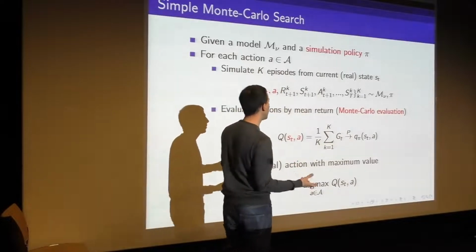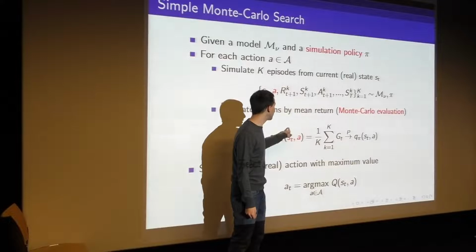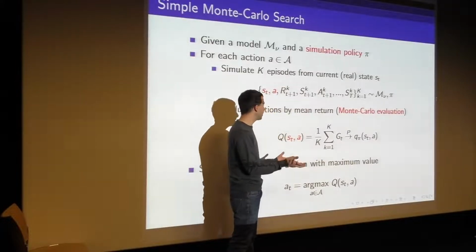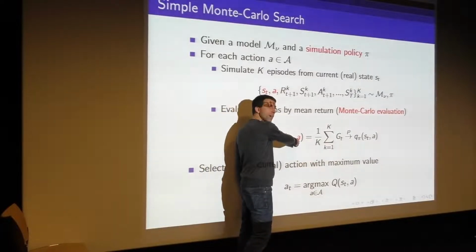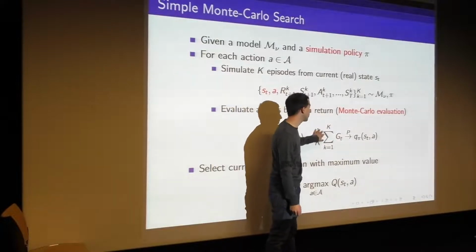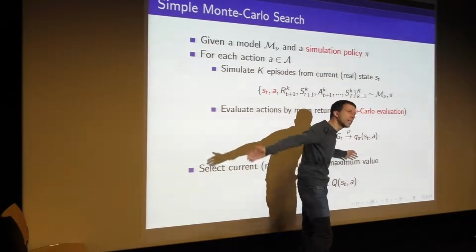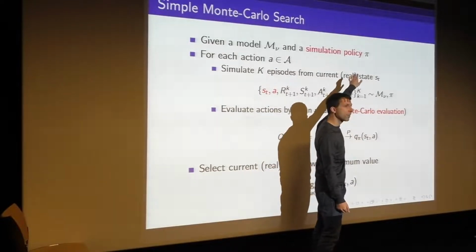We evaluate each of those in turn, and what we see is that if we just evaluate our actions, that gives us an action value function for the root of this search tree, starting from my root, considering all of the actions I could take, and just taking the mean of these returns. And all this is saying is that this thing, by the law of large numbers, really does give us the true value function for our simulation policy.